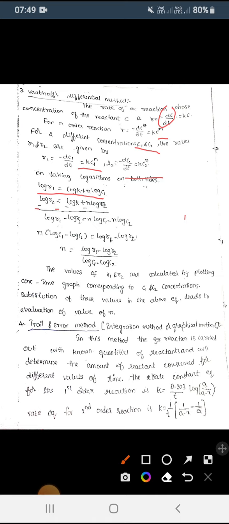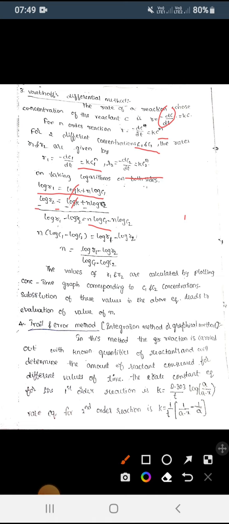When you subtract on both sides, log R1 minus log R2 is equal to n log C1 minus n log C2, as log K gets cancelled. Then n into log C1 minus log C2 is equal to log R1 minus log R2, which is in the formula of log A minus log B.